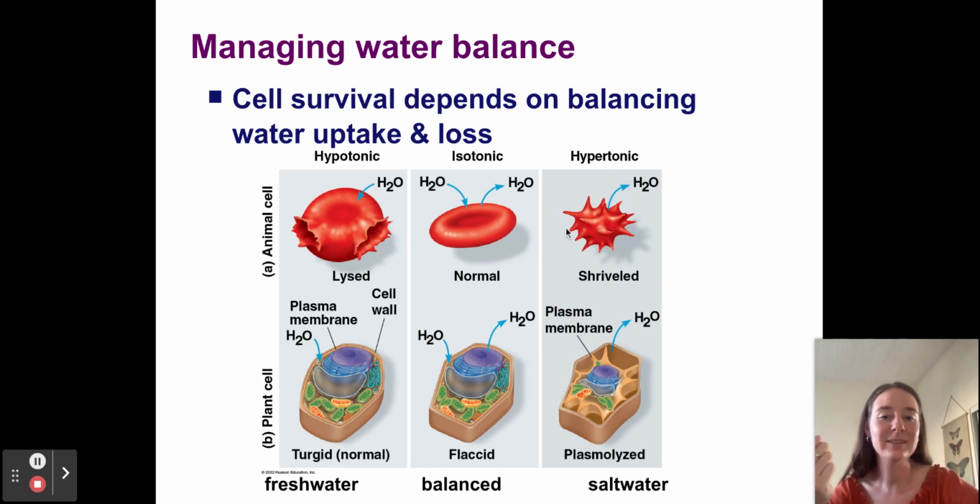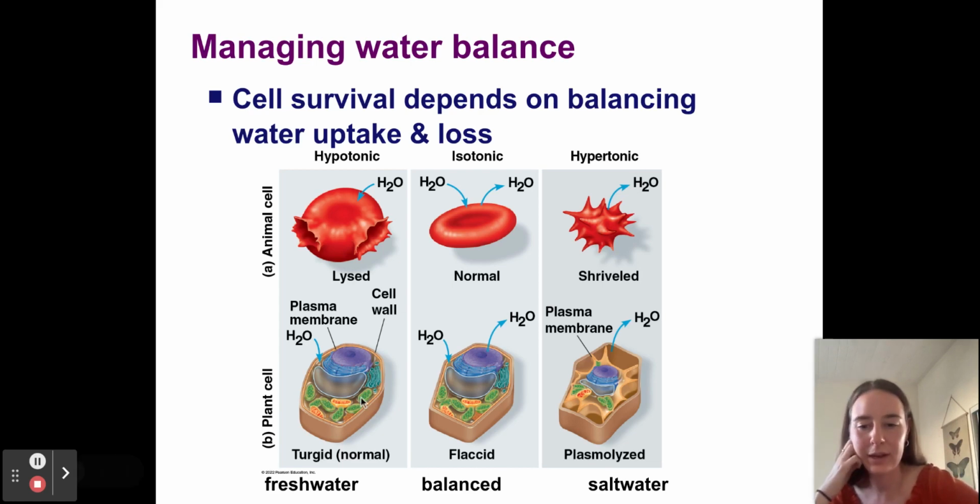So that means there's more solutes outside and less solutes inside. So the inside actually is filled up with more water than the outside. Now, inside has more water, outside has less water. Which direction is water going to flow? Remember, water flows from a high concentration to a low concentration of water. That's osmosis, that's the definition of osmosis. And so water will go out and the cell will shrink and shrivel up.